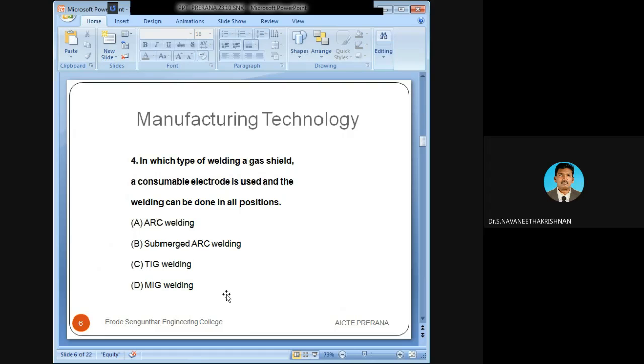So which one of the welding types is covered by gas shield, and also the electrode is used as a consumable electrode? Tell me the answer for that. The answer is D, metal inert gas welding.